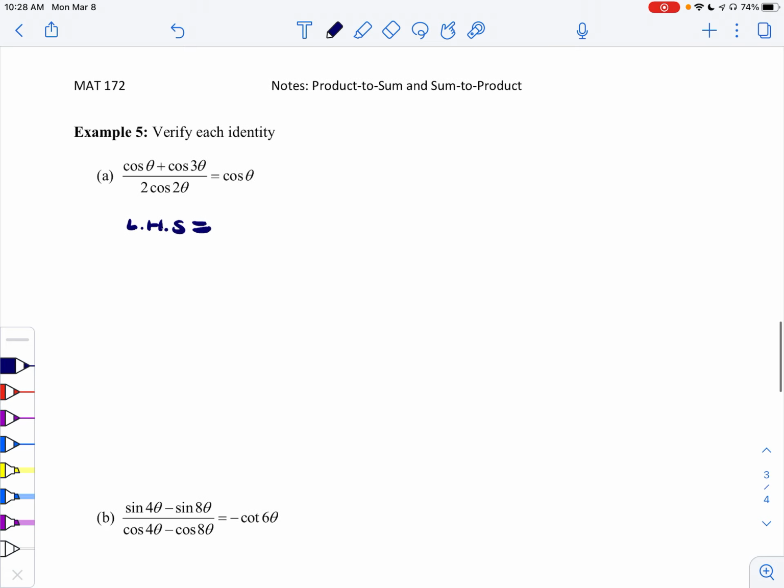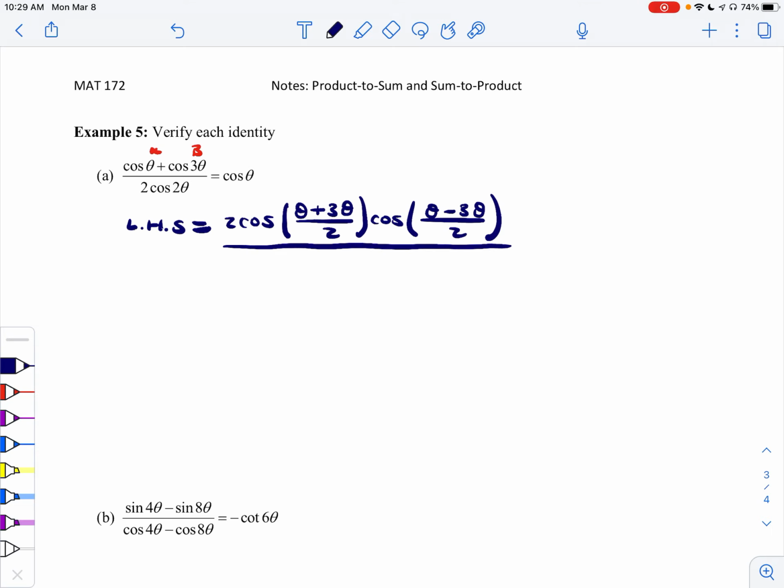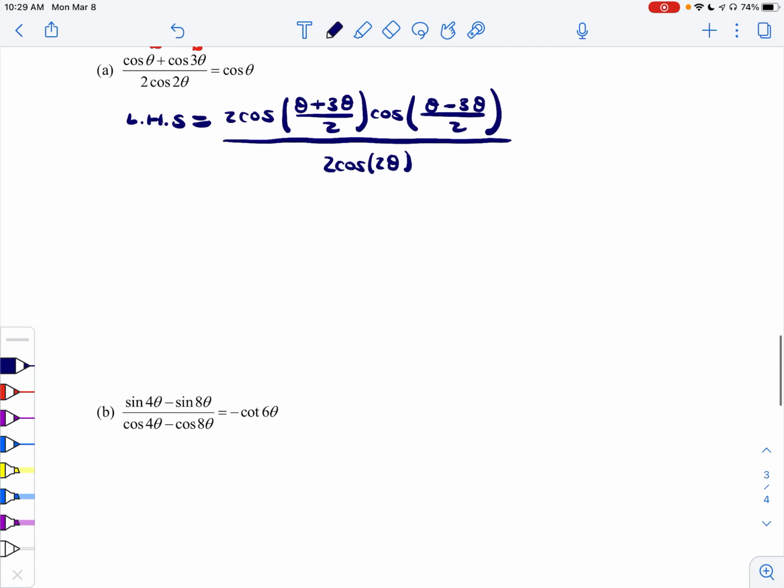Okay, so I'm going to think about this as my alpha and my beta. And again, I'm going to use the sum to product formula in order to change this to a product. So this would be 2 cosine of (theta plus 3 theta) over 2 times the cosine of (theta minus 3 theta) over 2. I'm just going to leave the denominator alone for now.